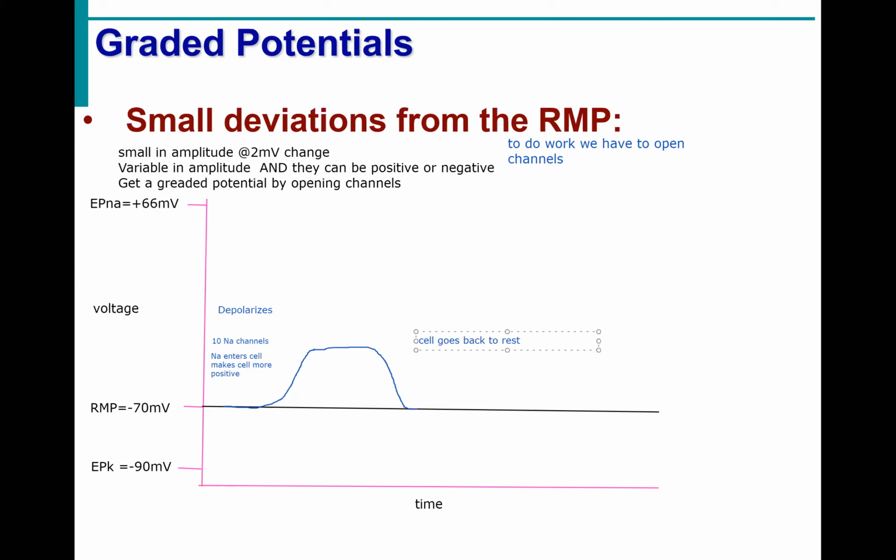Of course, the question is, how does it do that? The question, how it does that using pumps to move things out, and also our leak channels are going to play a role in allowing the cell to go back to, and let's be more specific, to resting membrane potential.